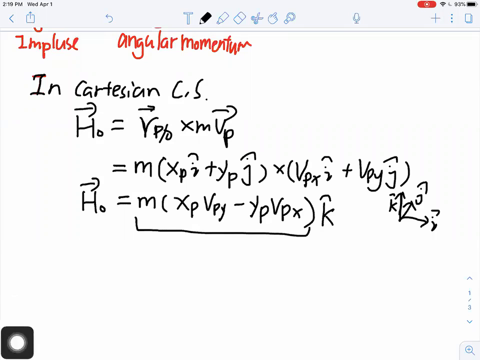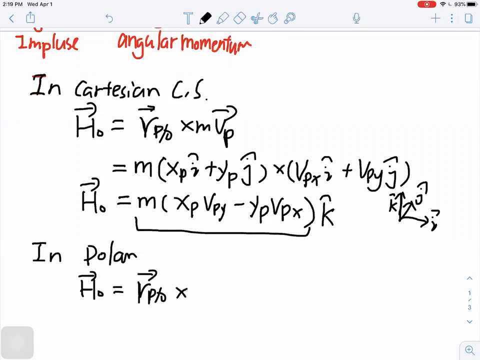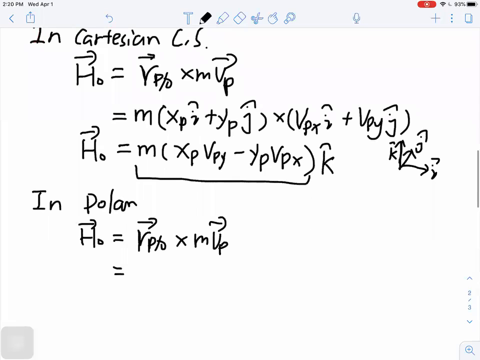And then we can write the angular momentum in your favorite coordinate system, that is the polar coordinate system. Think about how we could write this angular momentum in polar coordinates. From the definition, angular momentum is r cross m vp. If we express everything in polar coordinates, this r vector, which is the position vector, can be written as r in the er direction.